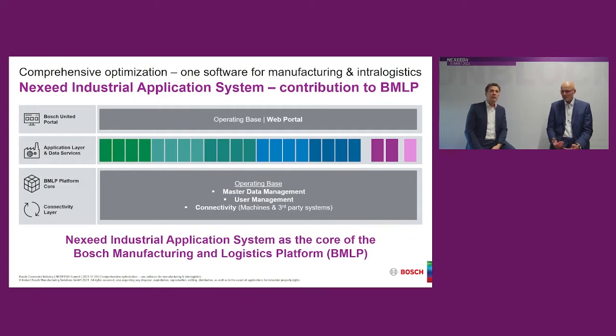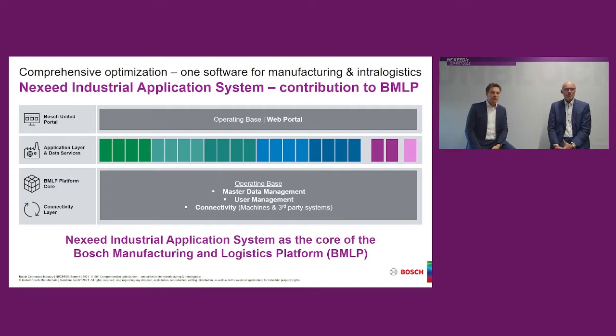Nexeed IAS is the central base for this Bosch manufacturing and logistics platform, the BMLP. There is the connectivity layer at the bottom, the BMLP parts you see on the left-hand side, and there is the BMLP platform core as well. The connectivity to the machines and to further software systems is realized by the connectivity layer.